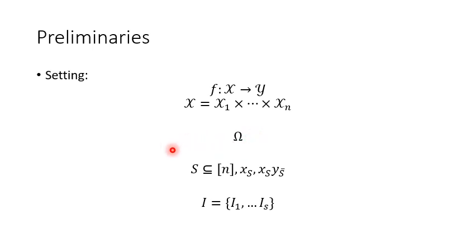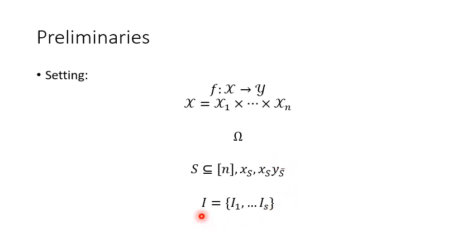Other notions we will use are x_S and x_S y_S-bar. For every subset S of the coordinates, we will denote by x subscript S the values of x taken in the S coordinates, and we will denote by x subscript S y subscript S-bar the hybrid vector obtained by taking x in the S coordinates and taking y in the S-bar coordinates.